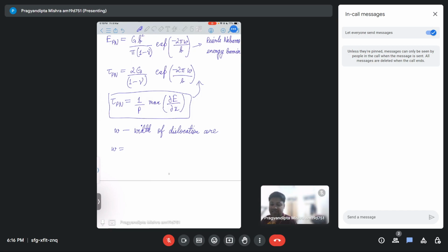It is equal to a for screw dislocation, or equal to a divided by 1 minus nu for edge dislocation. What is this a? a is the interplanar spacing.